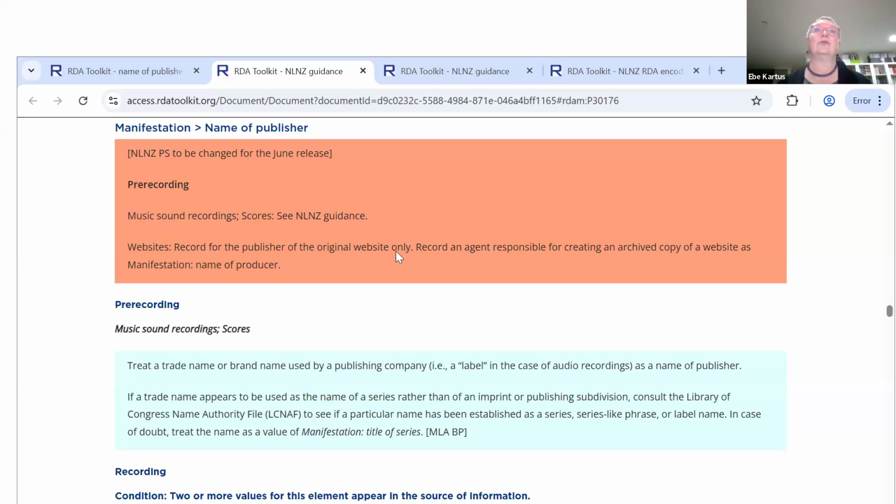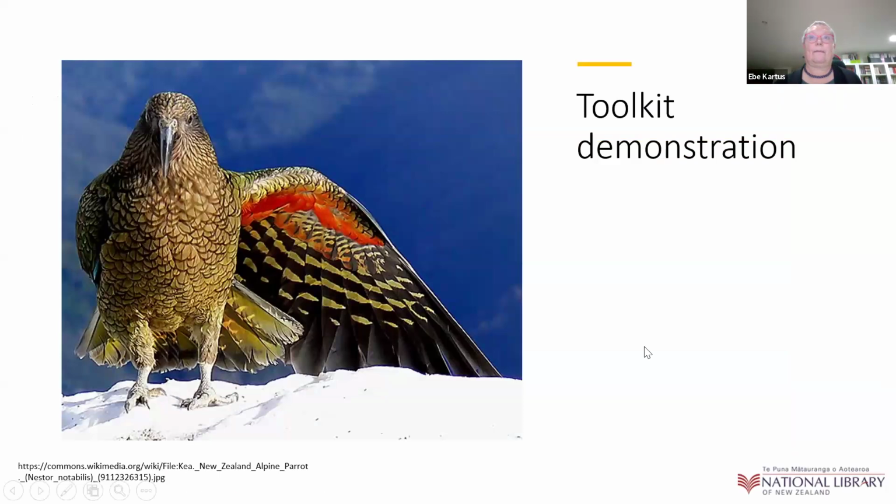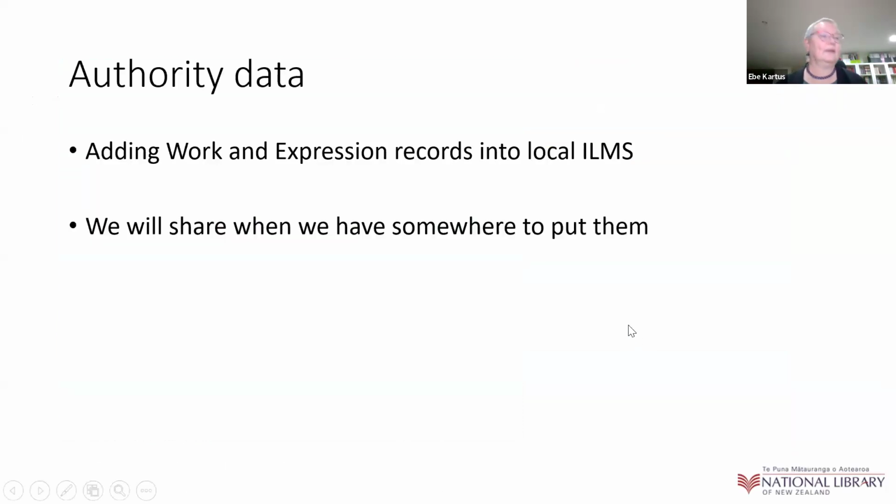So that is further guidance, but that will sit there until the June release when these will go into Toolkit, those policy statements updated, and then they are taken out of this guidance document. Right, so if I put that down there, I should hopefully go back to my PowerPoint.